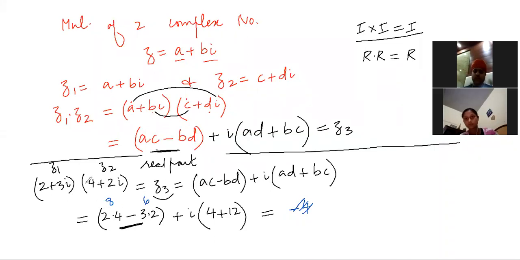AC is 8, minus BD is 6. So 8 minus 6 is 2. This is the real part of the resulting complex number. 12 plus 4 is 16, plus 16 iota. So the resulting complex number Z3 has 2 as the real part and 16i as the imaginary part.